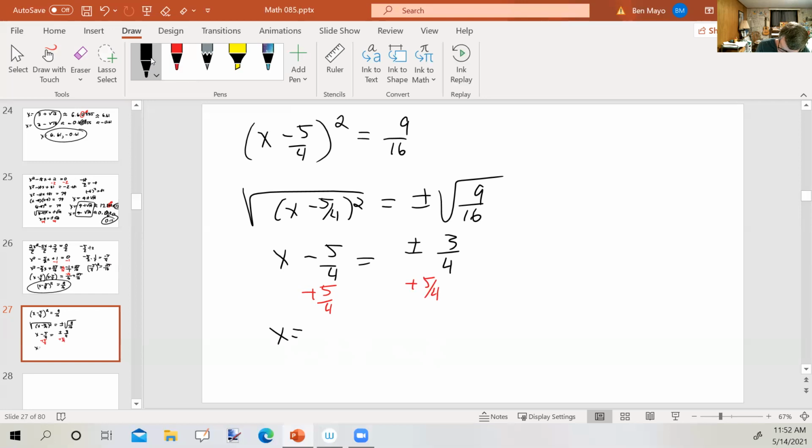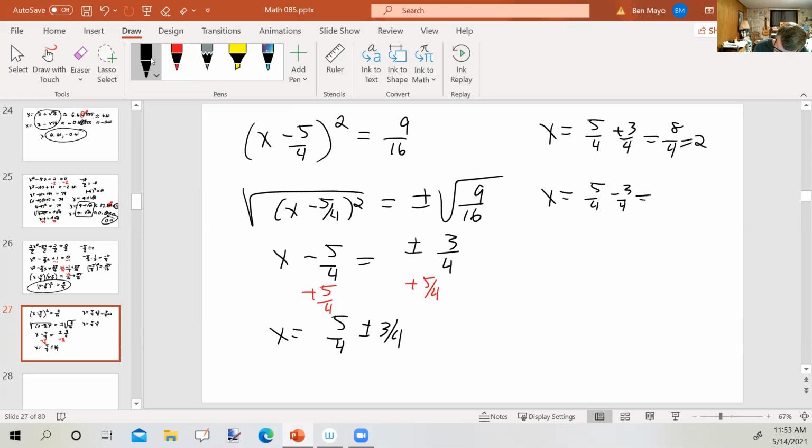So x equals 5/4 plus or minus 3/4. Well, 5/4 plus 3/4 is 8/4, which is 2. 5/4 minus 3/4 is 2/4, which is 1/2. So x equals 2 and 1/2 would be the two solutions.